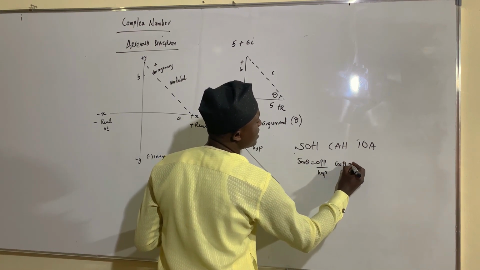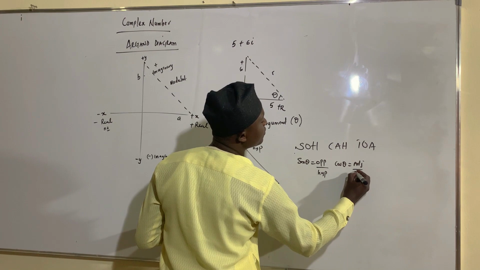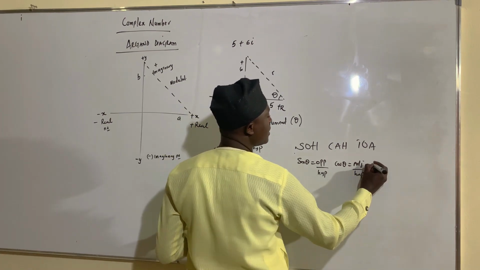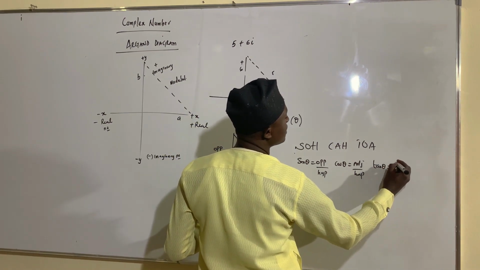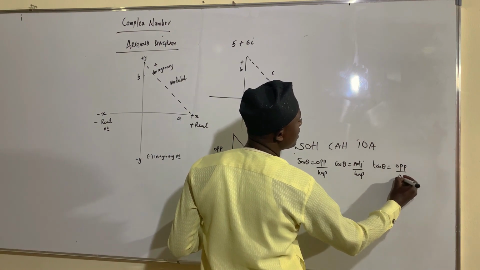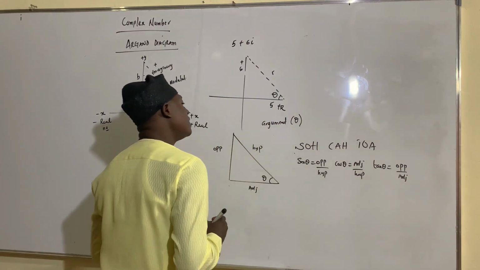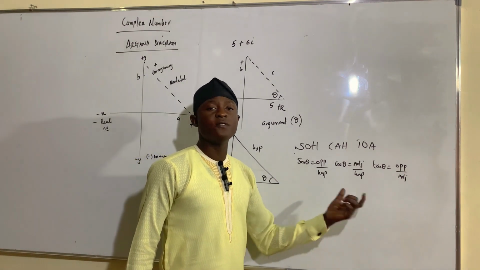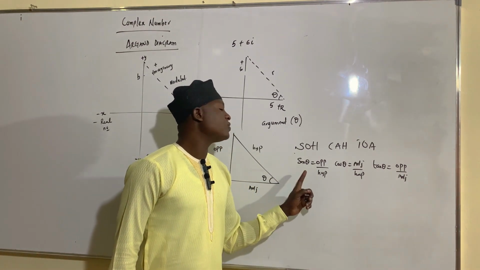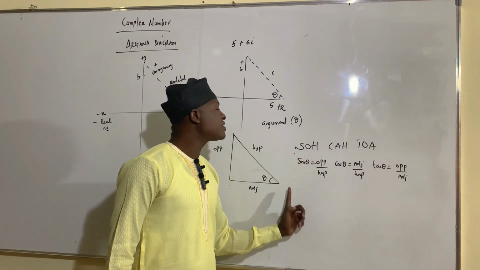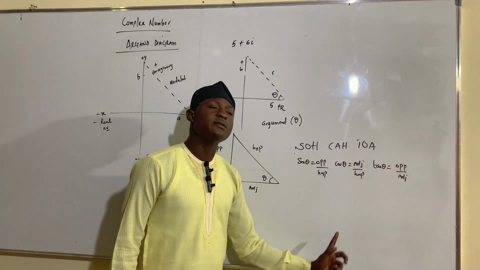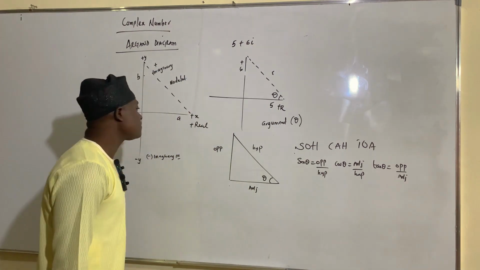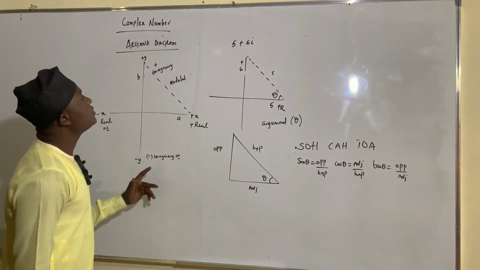Cos theta is adjacent over hypotenuse. Tan theta is opposite over adjacent. So it depends: I can use any of these three, depending on the problem I'm solving, to find my argument, which is theta. I can use sine, cos, or tan. So now, look at this problem.